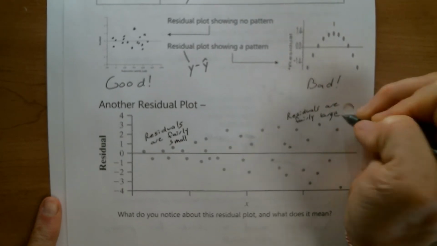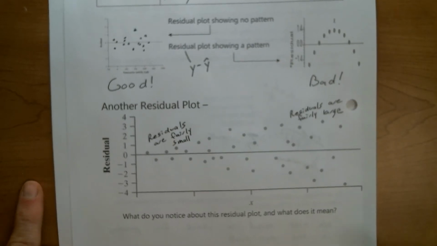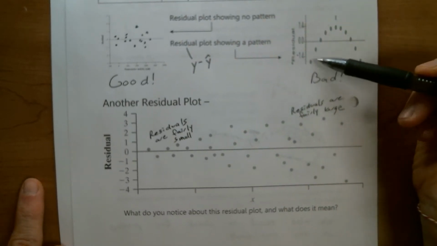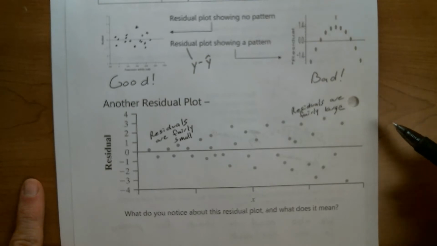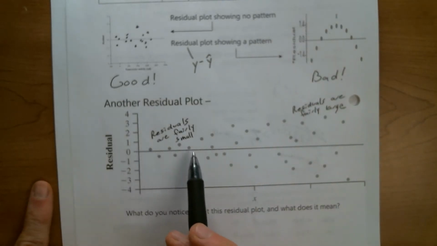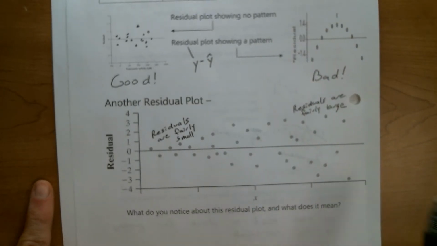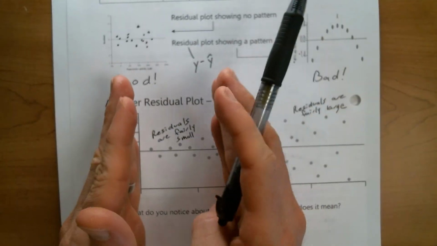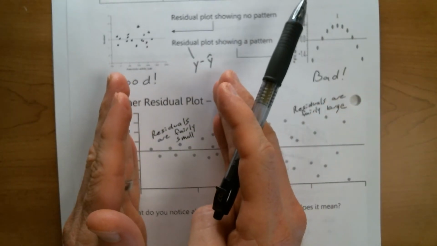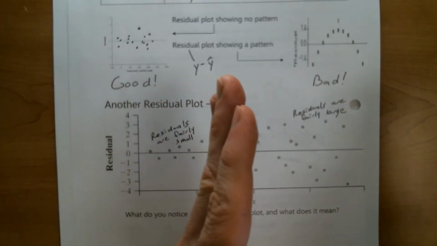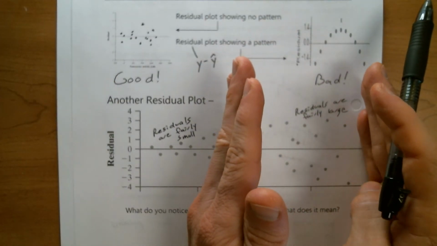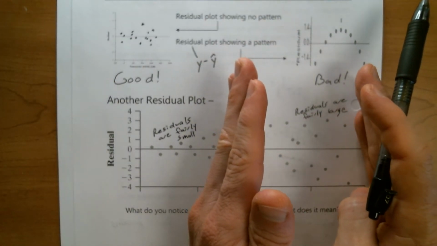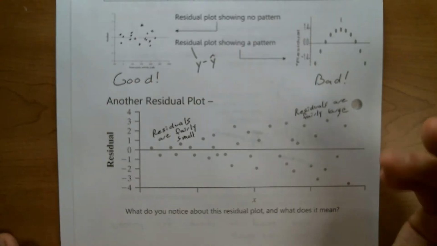So this can represent a pattern. A pattern doesn't necessarily have to mean they're in a perfect curve. It can mean there's something happening here that's not totally random, because for some reason, our predictions are really good in this range and we have really tiny residuals, and our predictions get much worse in this range where we get much larger residuals.